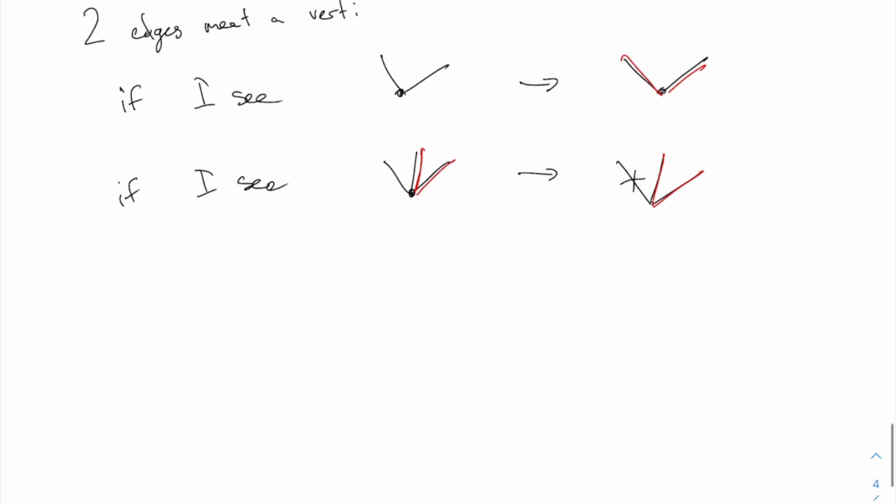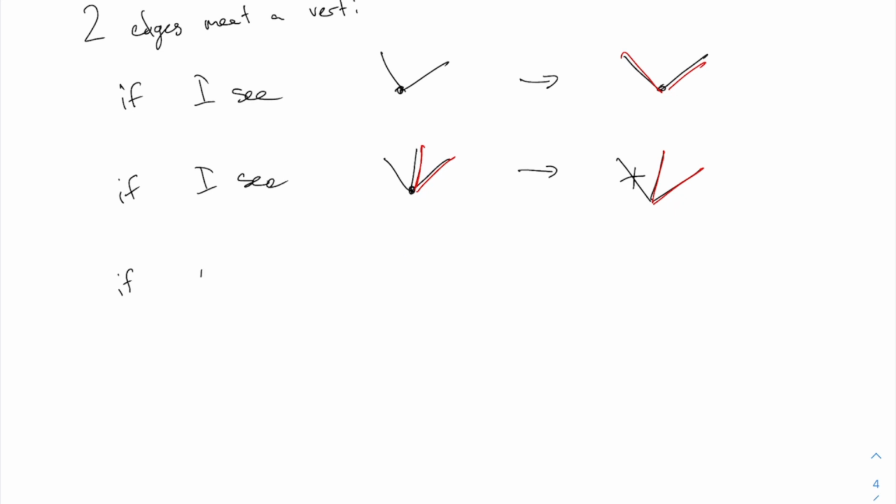And then the other thing would be something like if I see maybe like this, where one is excluded and one is chosen already, then I can deduce from this picture that I have to use this other one, right? Because every vertex should have two chosen edges meeting it.